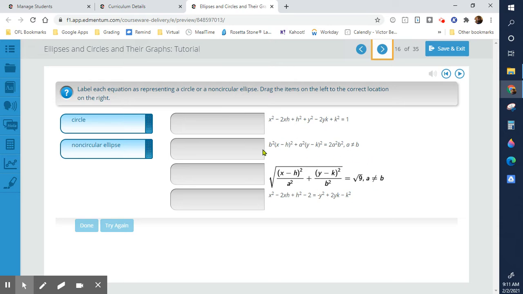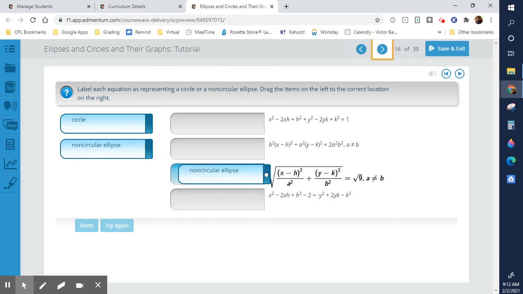Oh, this is actually what I was talking about before. I don't know if they mentioned it and I glossed over it, but if you were to multiply by the lowest common denominator, you would have a coefficient in front of either coordinate. So if these two numbers are not equal, it ends up being an ellipse.